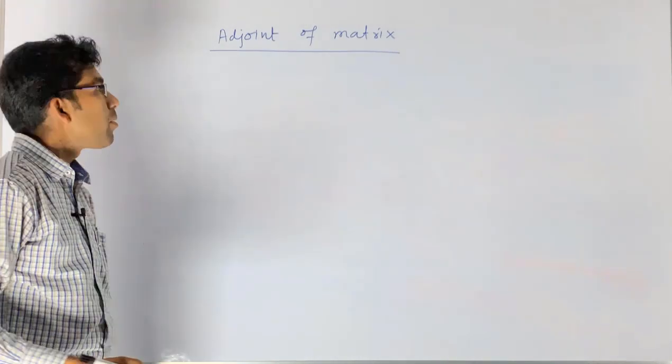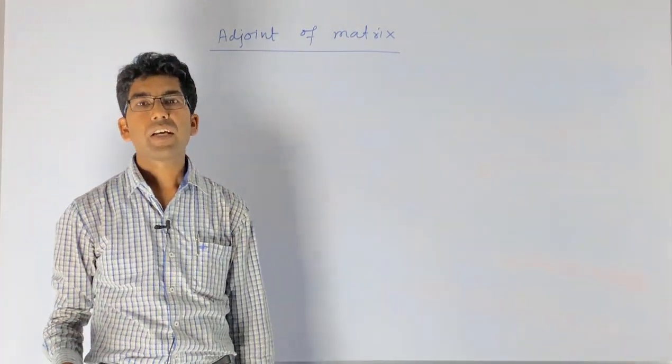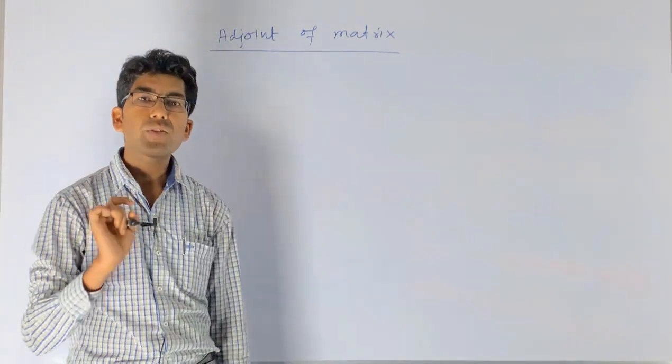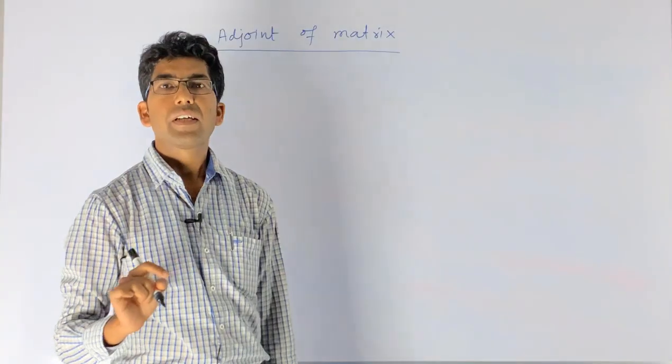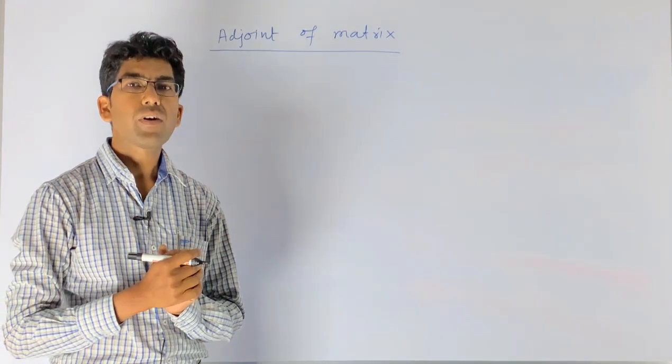Students, for knowing adjoint of the matrix, it is a primary condition that the matrix should be a square matrix. What is a square matrix? A square matrix is a matrix which has the same number of rows and the same number of columns.